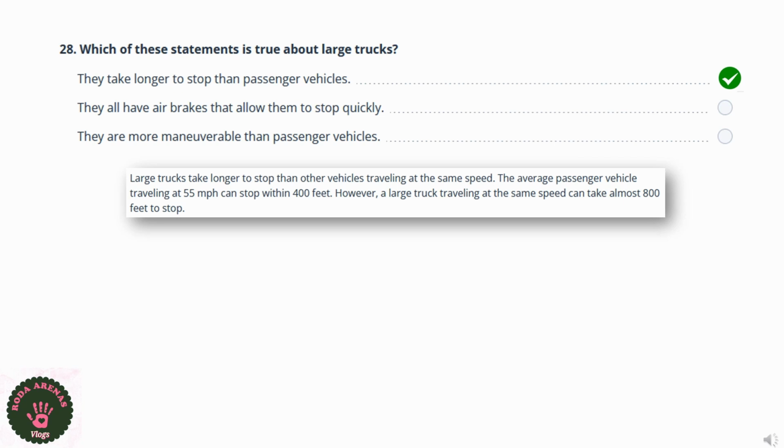Note, large trucks take longer to stop than other vehicles traveling at the same speed. The average passenger vehicle traveling at 55 miles per hour can stop within 400 feet. However, a large truck traveling at the same speed can take almost 800 feet to stop.